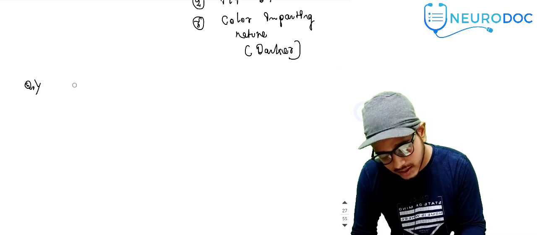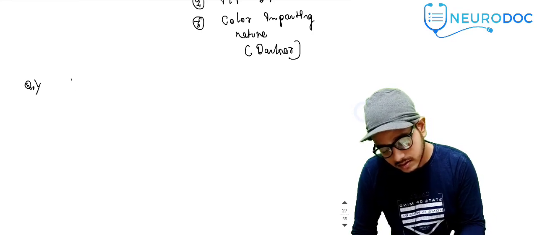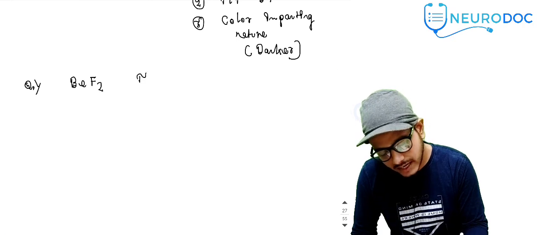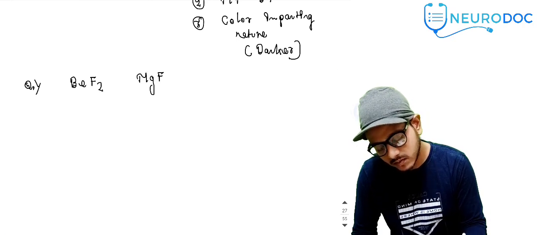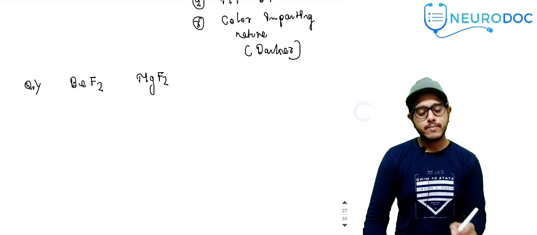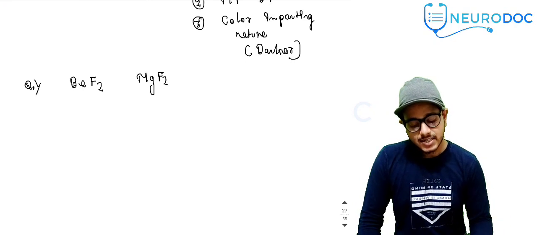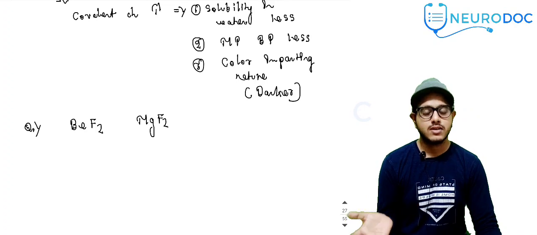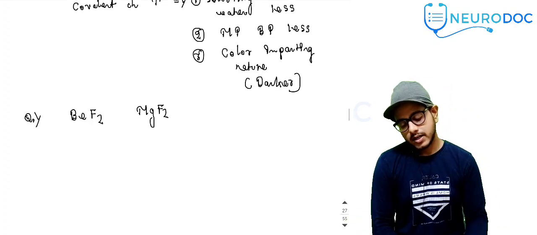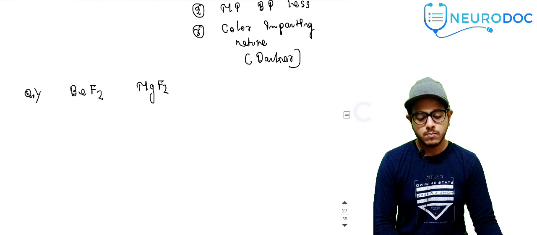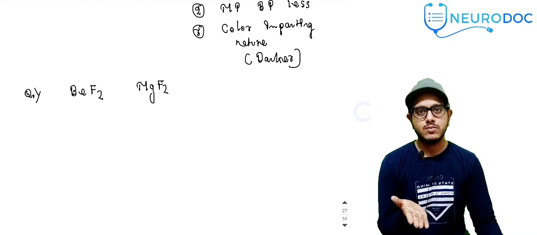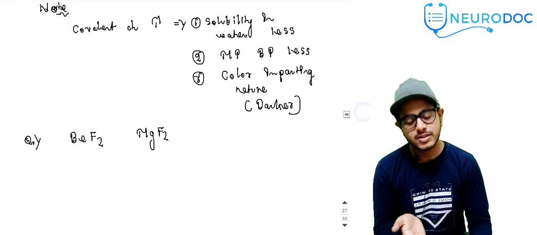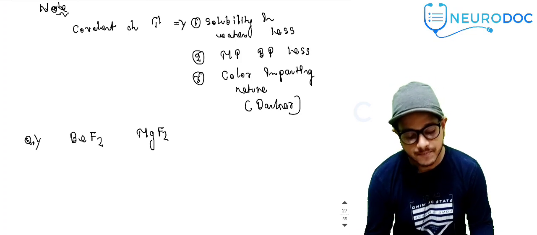Suppose there are 2 compounds, BeF2 and MgF2, beryllium fluoride and magnesium fluoride. It is asked which is having more melting point, right? Now as you know, more the ionic character, more will be the melting point, more the covalent character, less will be the melting point. We just saw this.